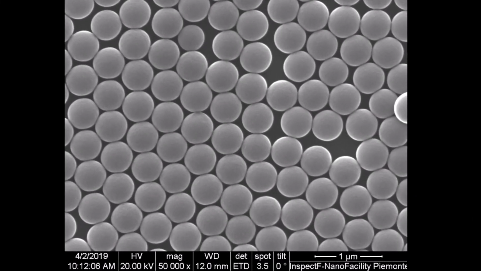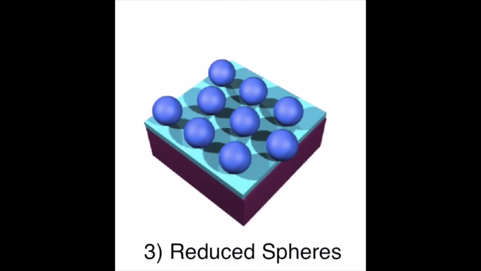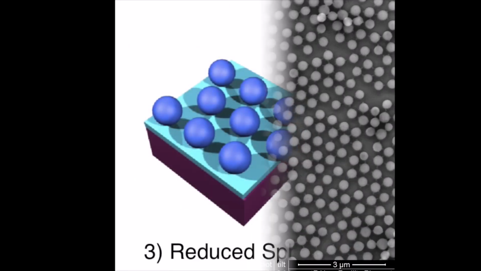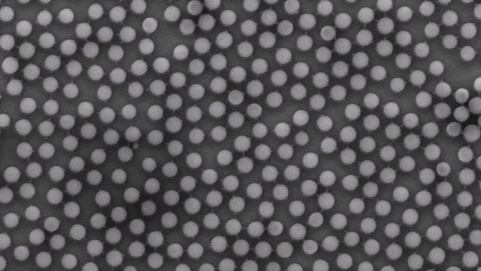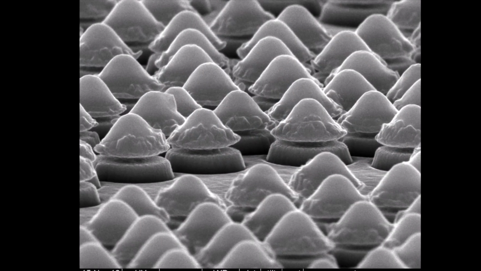After the deposition of the monolayer on the substrate, the nanospheres are reduced by reactive etching. The magnetic material among the spheres is removed by physical etching.